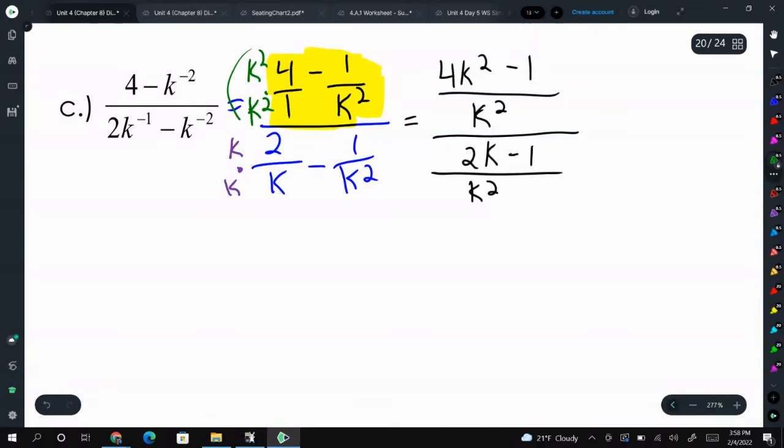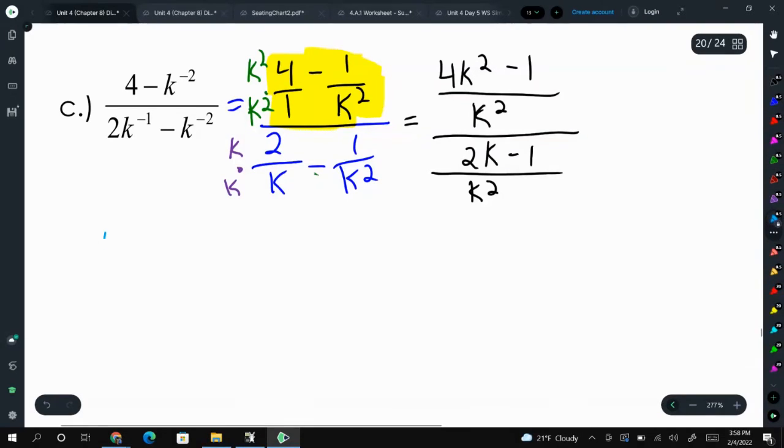Like I'm not writing out over here 4k squared over k squared and then minus 1 over k squared. Because I know that they'll have the same denominators, I'm just going to write it as one fraction. Same thing down here. Instead of writing out 2k over k squared minus 1 over k squared, I'm just going to combine it into 1.